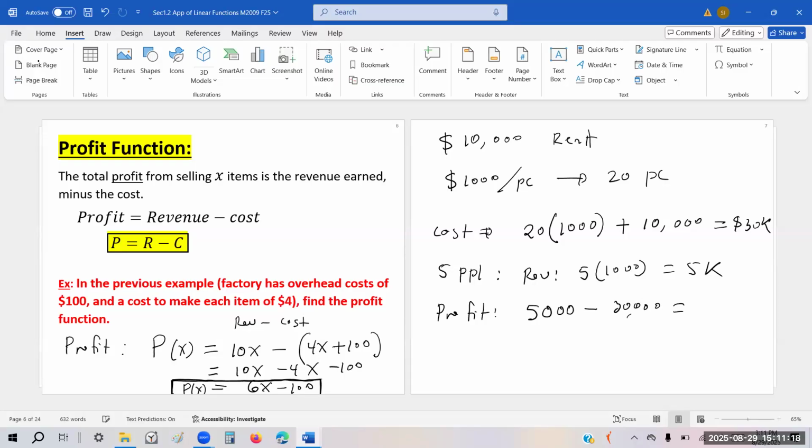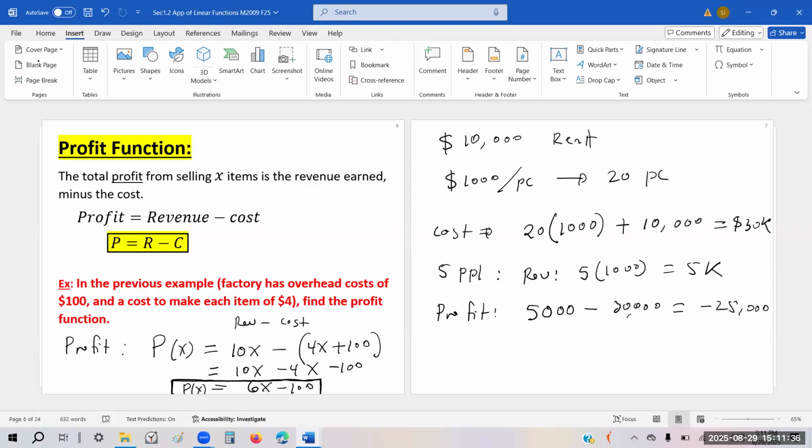So what is your profit? Negative 25,000. What does negative mean? You lost 25,000. You did not get any profit yet. So now you're wanting to know how much more you have to sell so that you can gain some profit.